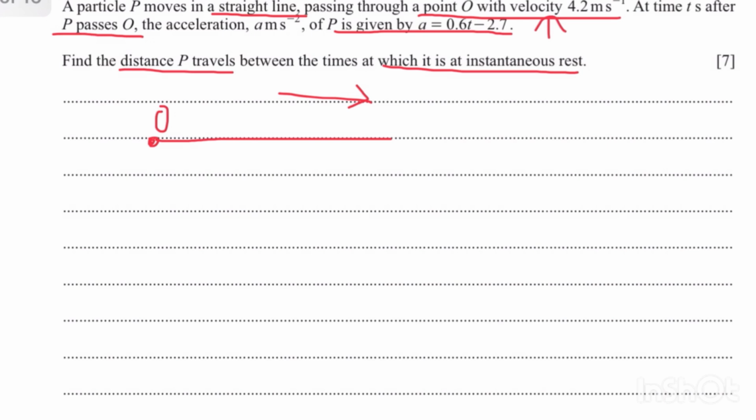And since we're taking O as the starting point, that means that when time is 0, the velocity is equal to 4.2. Now, we know that whenever we integrate velocity, we get the displacement. So in this case, displacement is the distance. So I will write that as distance.